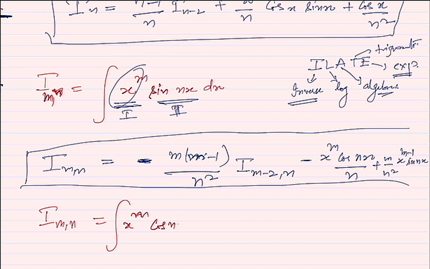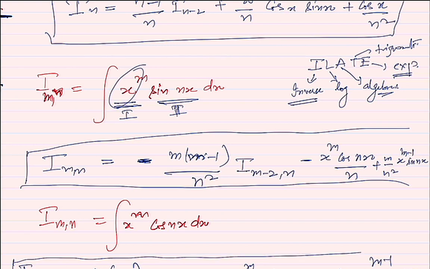And what would be the formula for x raised to power m cos nx dx? Here Imn will be equal to, first term is the same, then instead of minus you have plus x raised to power m upon n, with sin in place of cos, and the same m upon n square x raised to power m minus 1 with cos nx in place of sin, and the last term is minus m into m minus 1 upon n square I m minus 2 comma n.